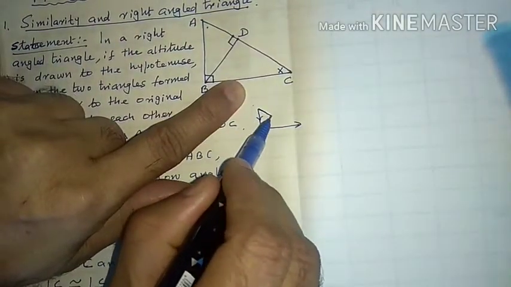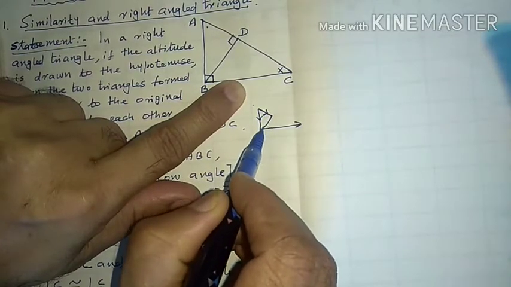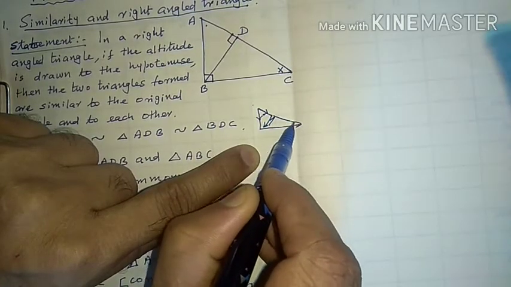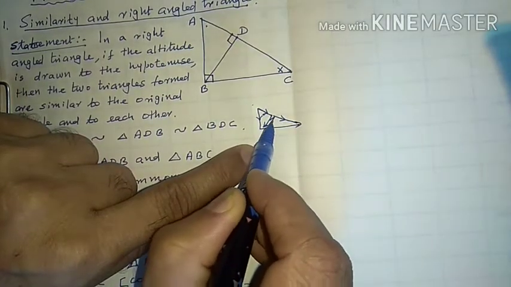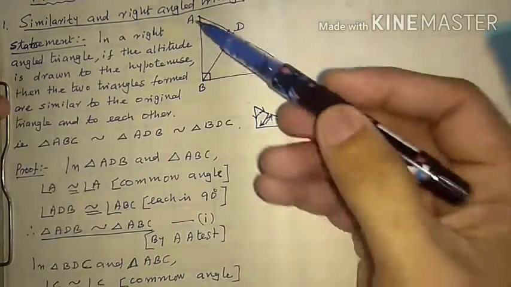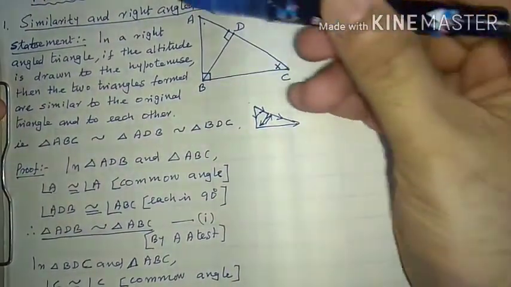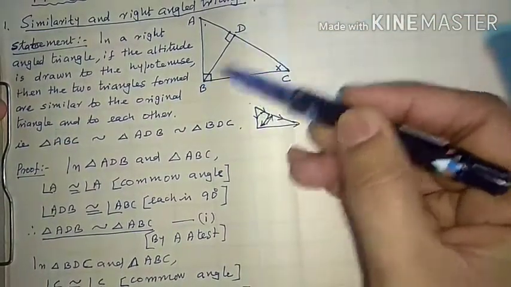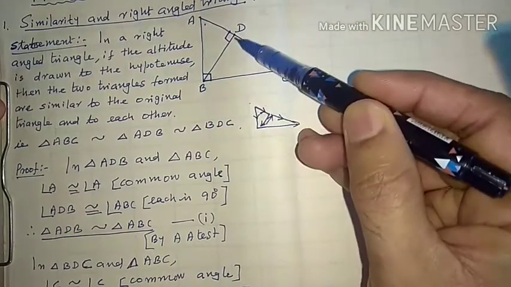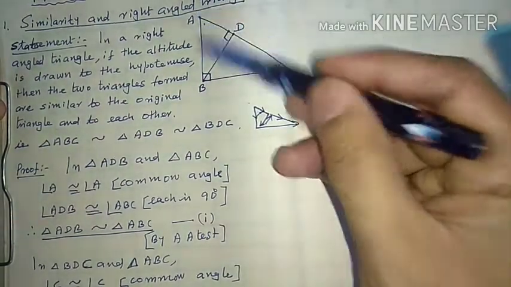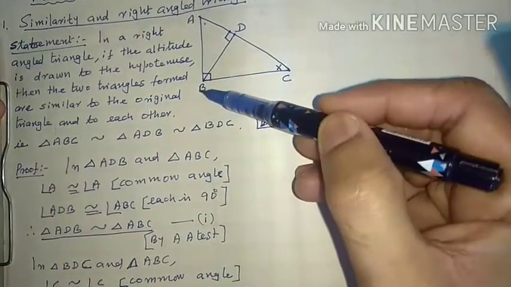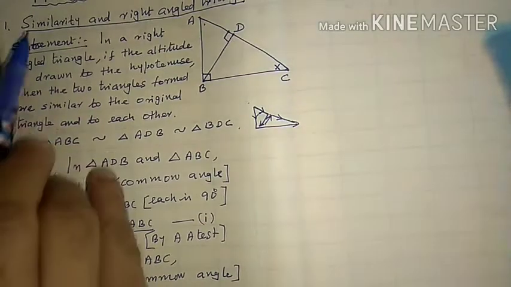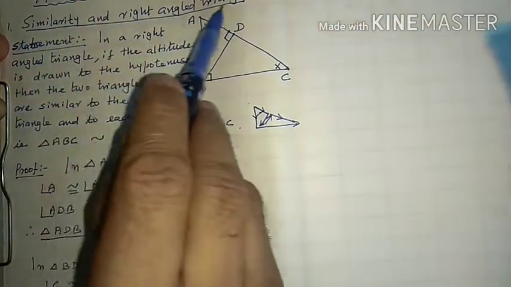Start from A, B, C. Start from A, then D, then B. Where you stopped, from there, B, then D, C. So A, B, C, order: A, D, B, then B, D, C. The triangles are similar. This is similarity and right-angled triangle.